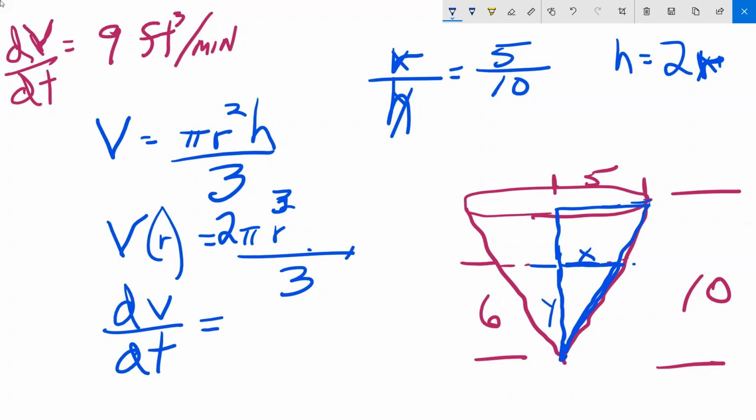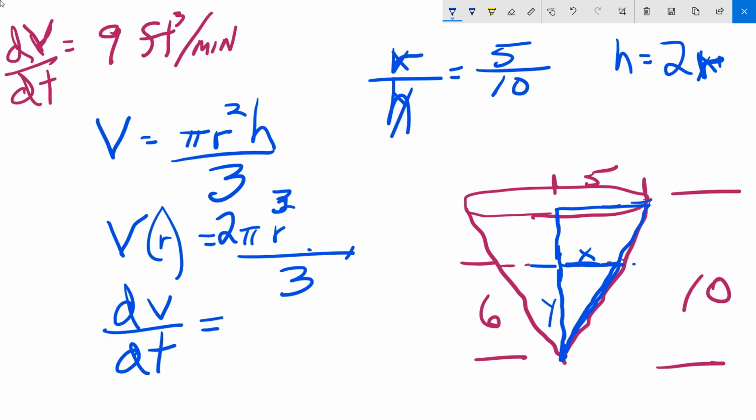So we're going to have 3r squared in there.